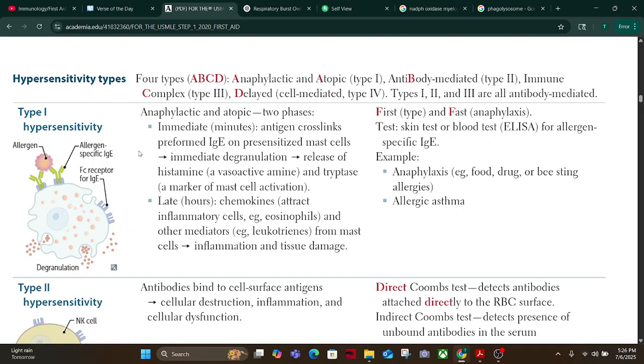The late phase happens in hours. There are chemokines, which attract inflammatory cells like eosinophils, and other mediators like leukotrienes from mast cells, and this leads to inflammation and tissue damage.